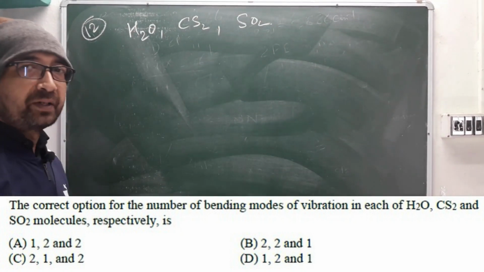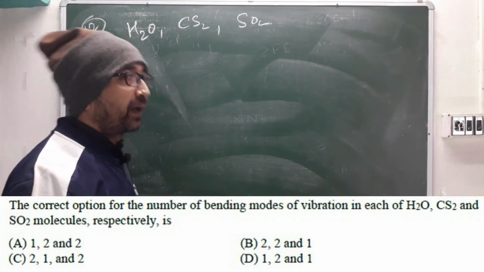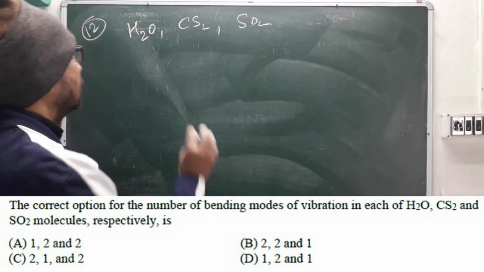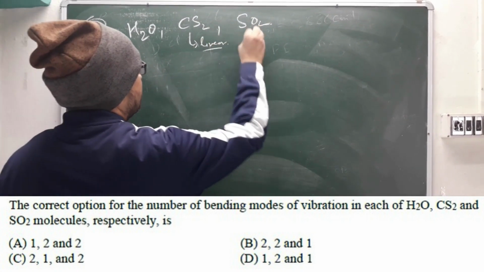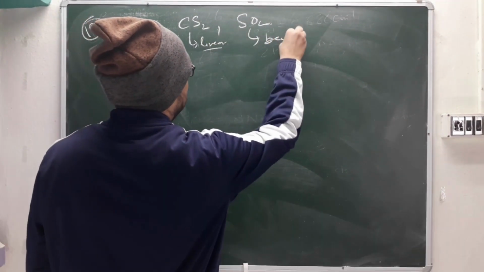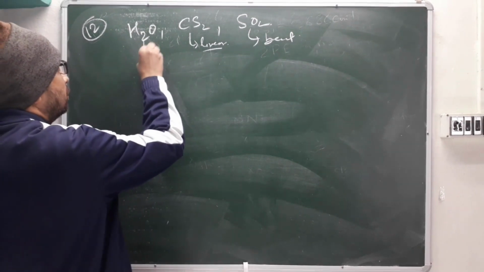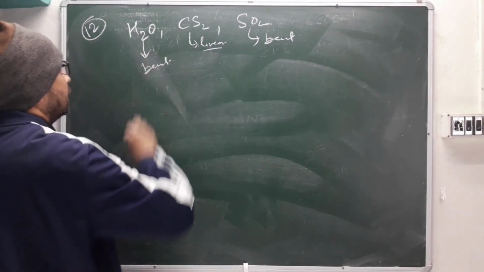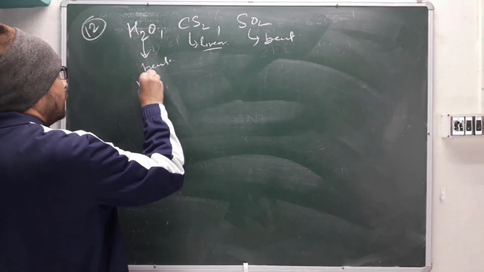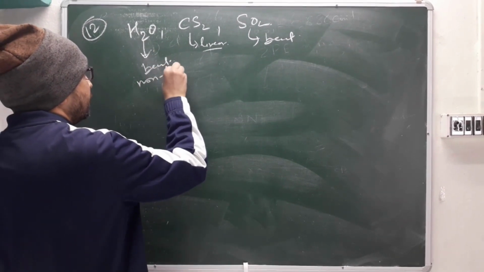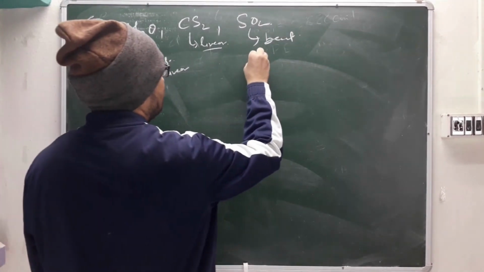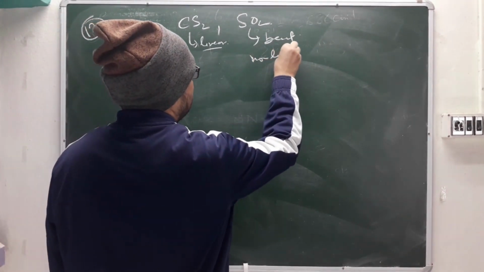Only the bending mode of vibration they want. So first we will find the vibrational degrees of freedom. We know that this one is linear, this is bent, and this is also bent. Bent means non-linear, so just divide into non-linear and linear. This is non-linear, this is also non-linear.